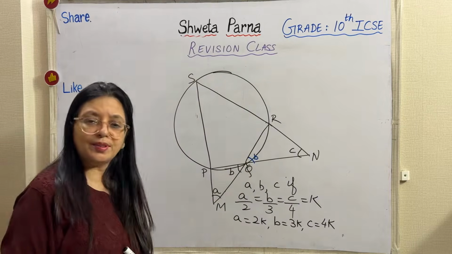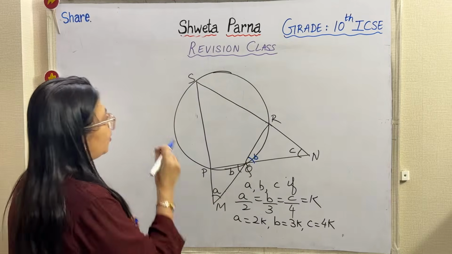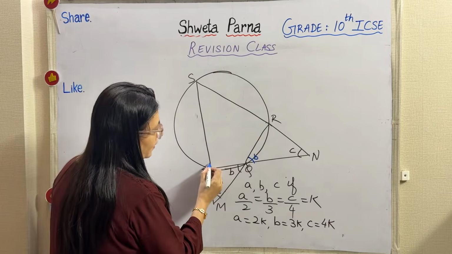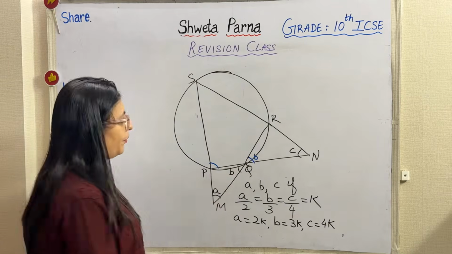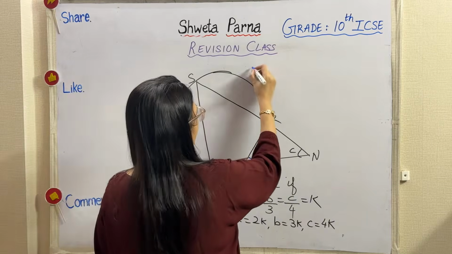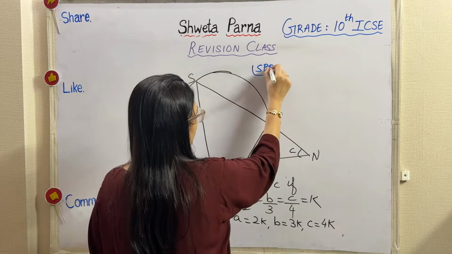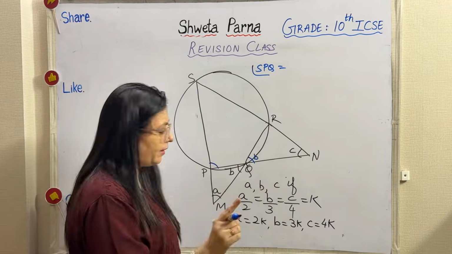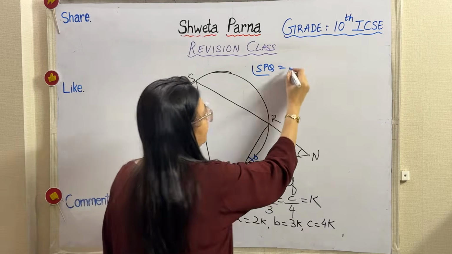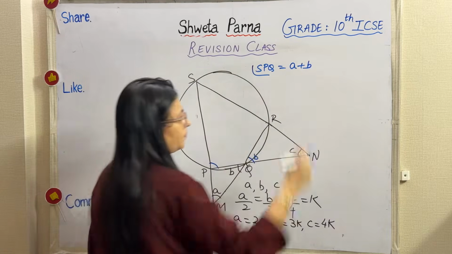They are vertically opposite angles. Correct? Now, if I want to find this exterior angle, how do I find it? Angle SPQ will be equal to the sum of opposite interior angles. So, the opposite interior angles are A plus B.